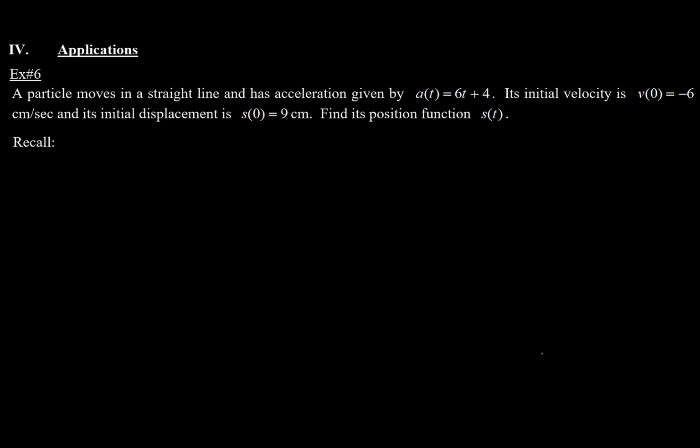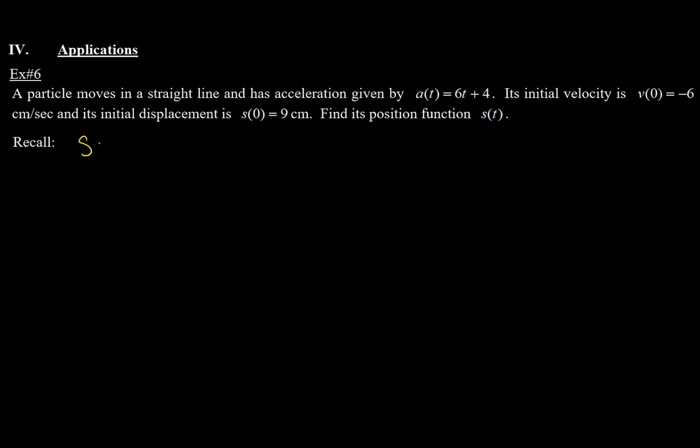Its initial velocity is v of 0 equals -6 centimeters per second, and its initial displacement is s of 0 equals 9. So they want us to find its general position at s of t. Although we do have some information that we can find its specific position function, we're just finding the position function.